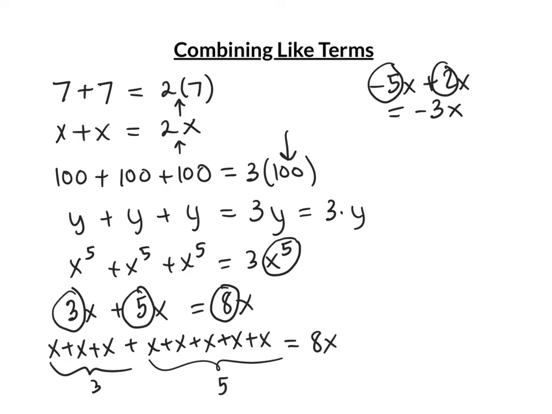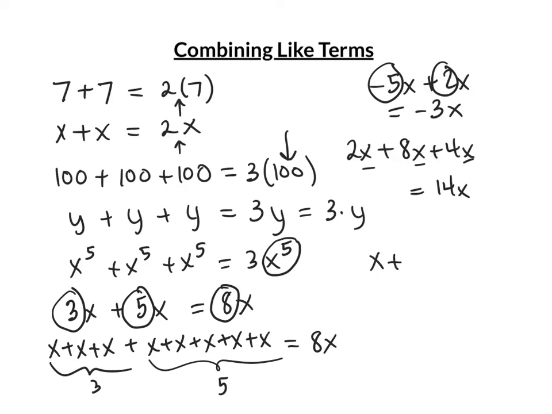And I can make this more complicated. If I say 2x plus 8x plus 4x, again, those are the same variable. They are like terms. That's what we call them in mathematics. 2 and 8 make 10, and 4, that's 14x.